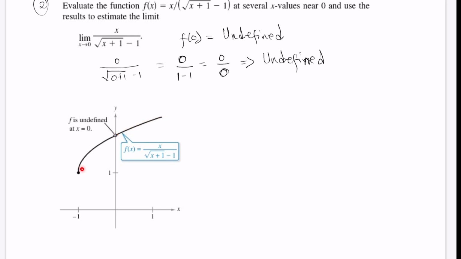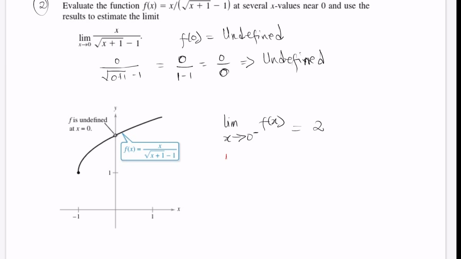As I approach 0 from the left, clearly you see that the value I have here is 2. And as I approach 0 from the right, the value I have here again is 2. So this tells me that the limit as x approaches 0 from the left of f(x) is equal to 2.